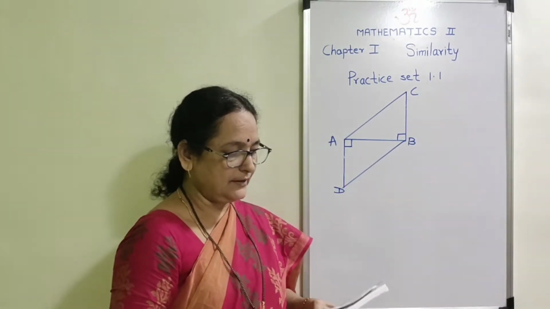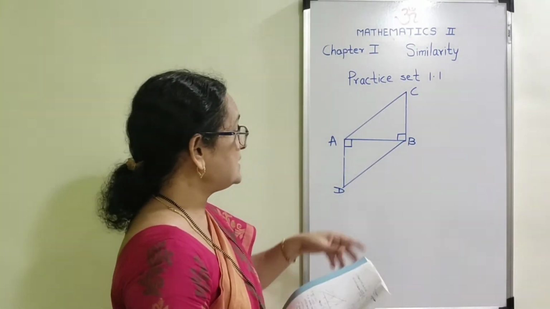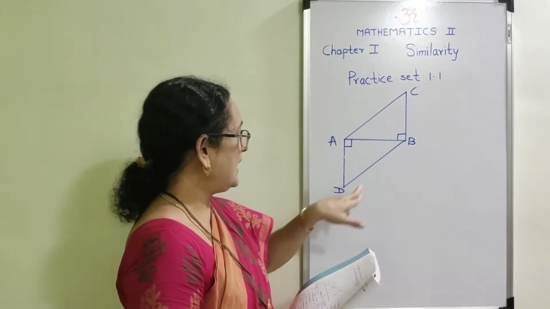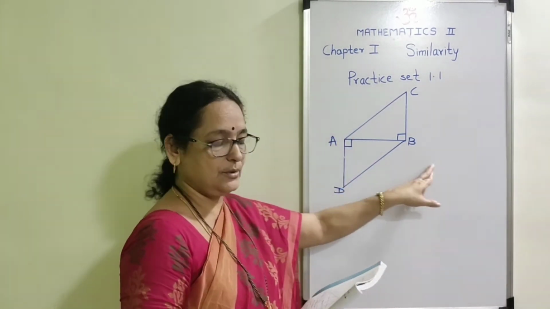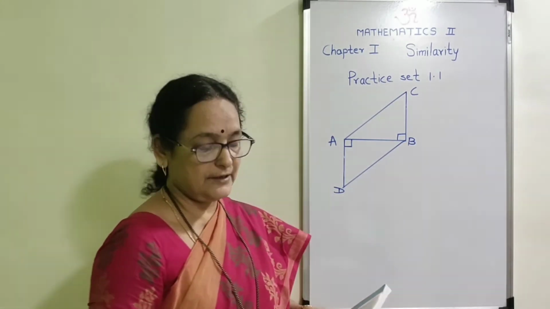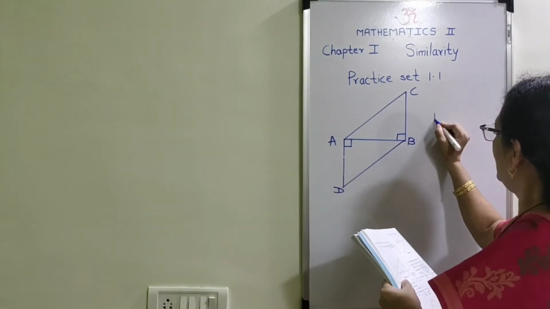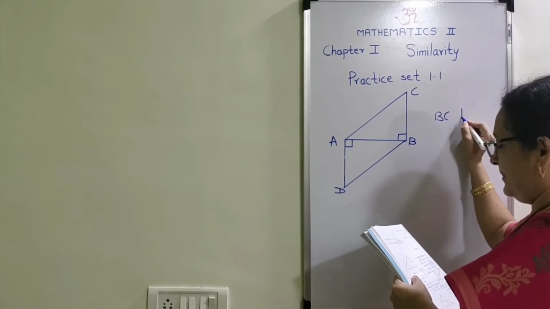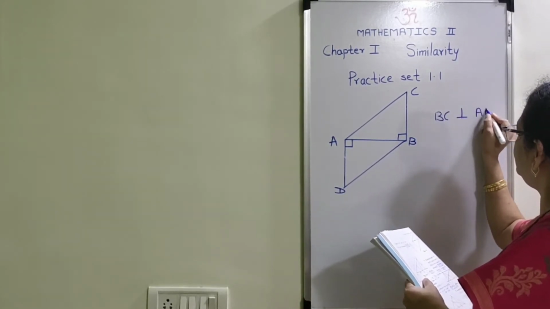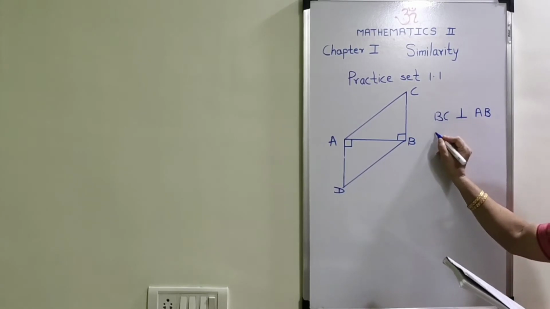Now in given, they have given that BC is perpendicular to AB and AD is perpendicular to AB. Also they have given two values. Now I am going to write the given things. BC is perpendicular to AB is the first given thing.